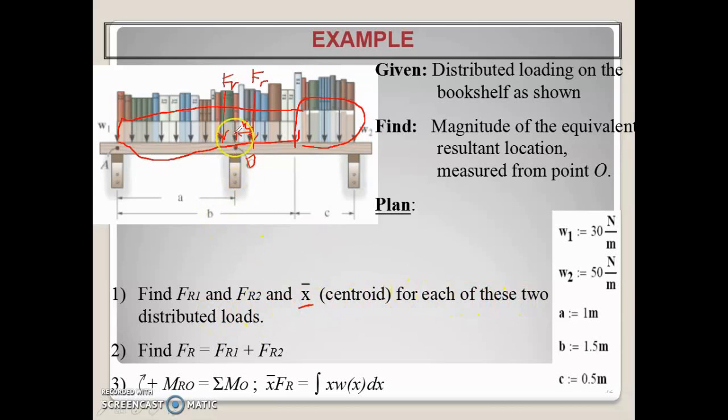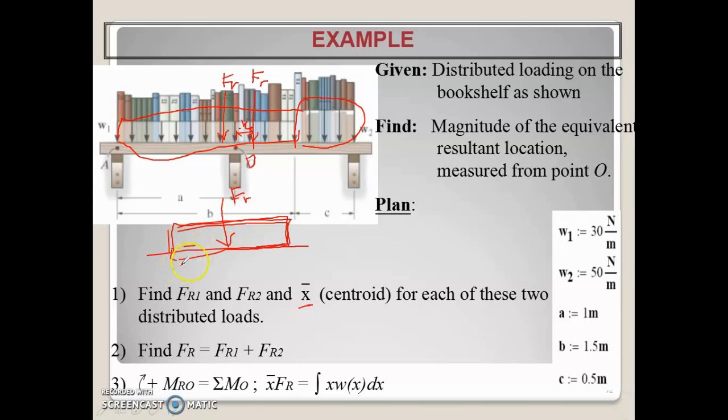Please remember that for a distributed load, the F resultant will act at the centroid of the distributed load.